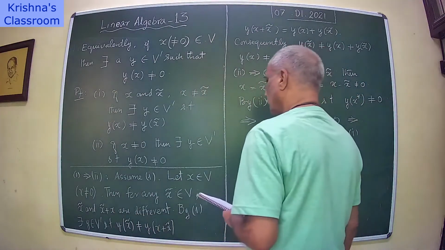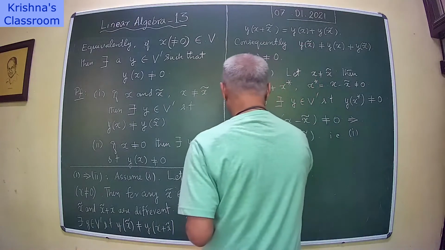So that completes the proof of 2 implies 1. So the equivalence has been proved.